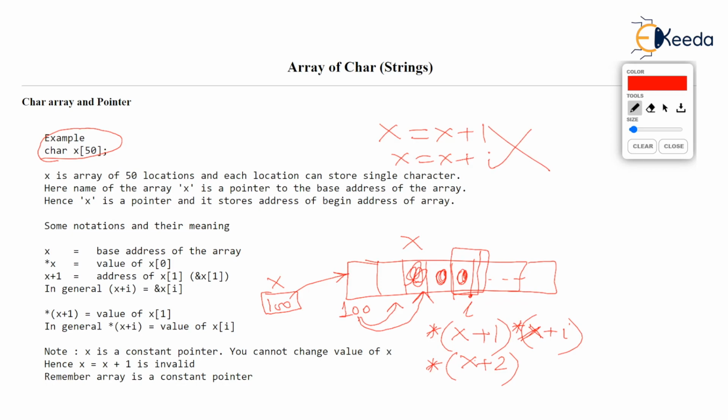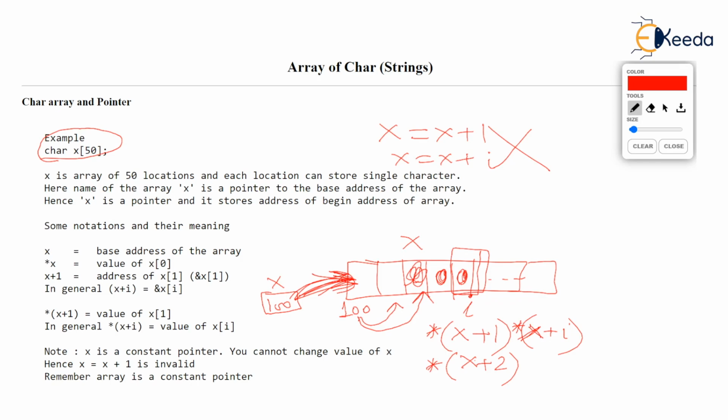You just can't tell x, hello x, you were pointing to 100, now you better point somewhere else. The compiler doesn't allow this. The compiler says that I have stored the array at address 100 and x is pointing to that location 100. You cannot change the location to where x is pointing. Hence, x is a constant pointer. Whenever you declare an array, the name of the array is a constant pointer.